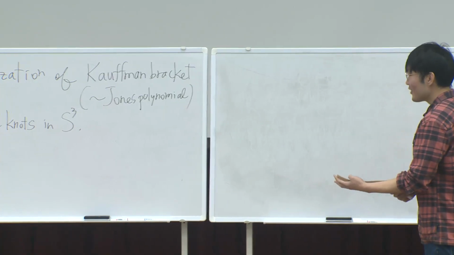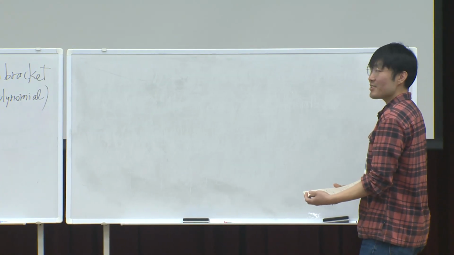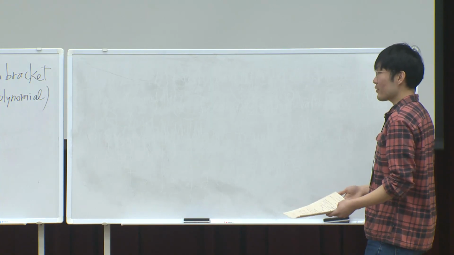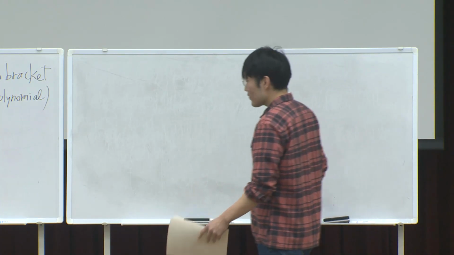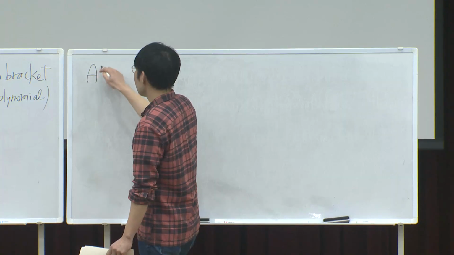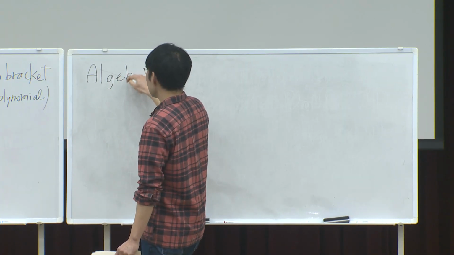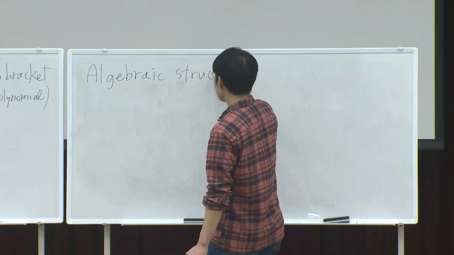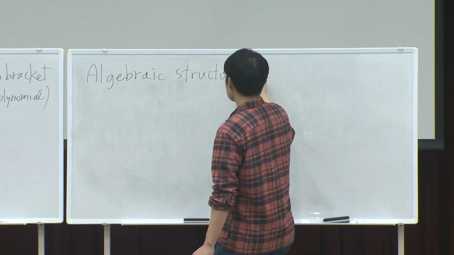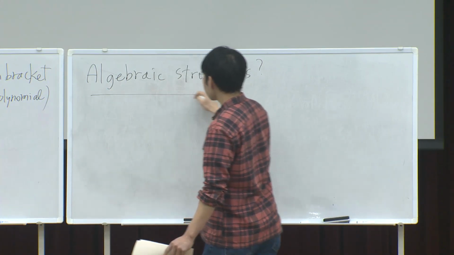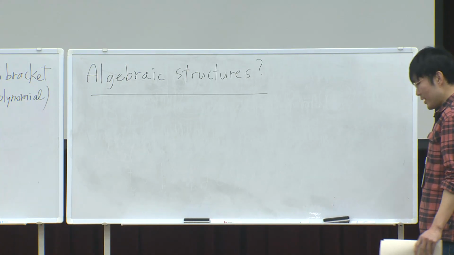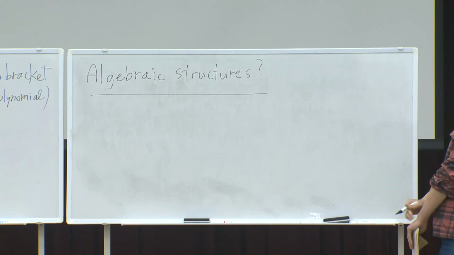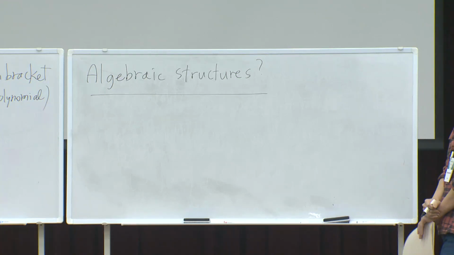Okay. So what do you want to study in general if you have an algebra? You want to study various properties of it as an algebra. And I think one of the most basic properties that you might ask is, how do you present it with generators and relations?